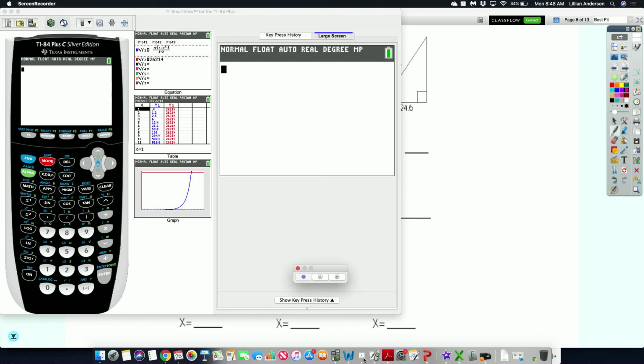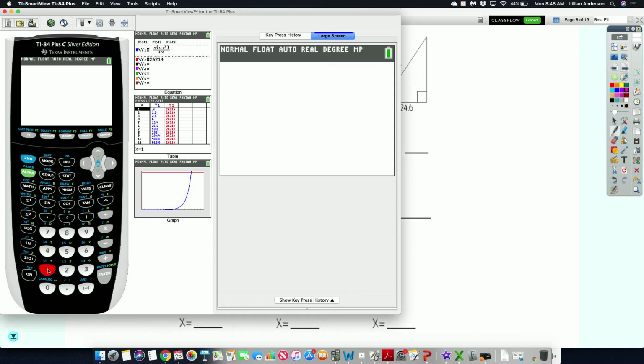So that's exactly what I typed, all in one line. 11.2, my cosine button is located 2 buttons above the 8, and then 36, close parentheses. Is that what we have written down on our paper? So then we click enter, and there is the length of x.